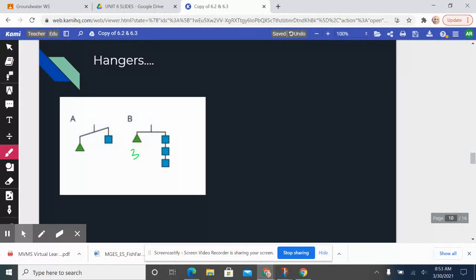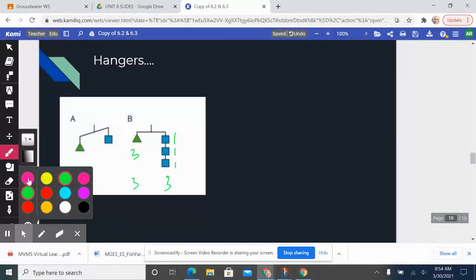For B, what would make that true or balanced is if each of these squares was worth 1. Because 1 plus 1 plus 1 is 3. And then this side is 3. So that keeps things in balance, right? That's what I mean by that. Now we can change the weight of the hanger and it can stay the same as long as we do it to both sides. So that's what's going to help you solve equations, right?